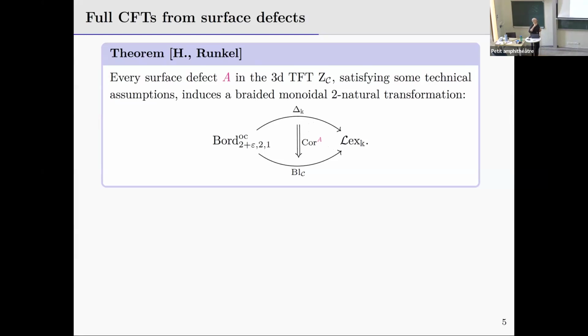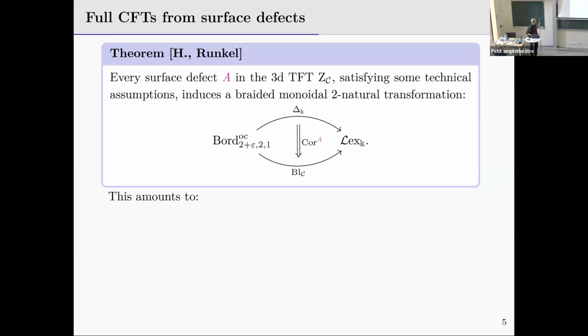So you could think of this as something like the trivial theory, while down here we have our modular functor from before. And now I want to at least give you a little bit of an idea why I should be allowed to call this correlators, because right now I'm just giving you a very abstract definition. So what does this have to do with CFTs, and what does this have to do with the data I showed you at the beginning?